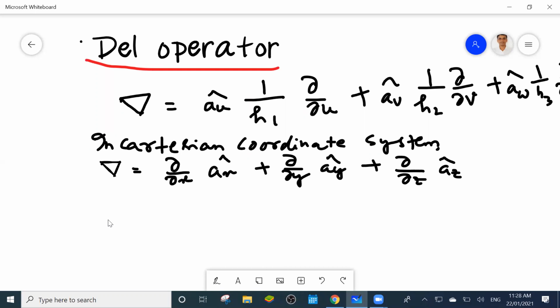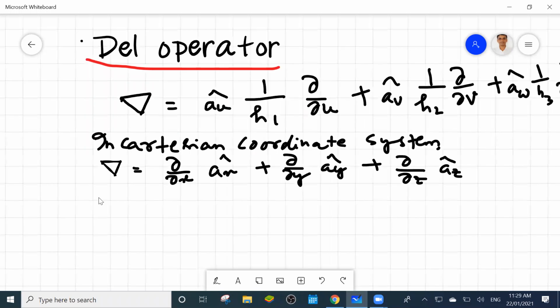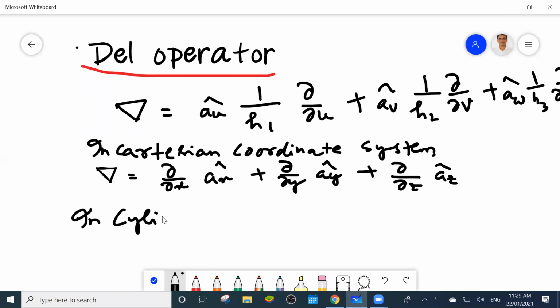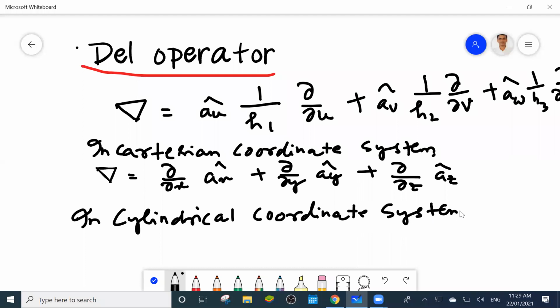Then similarly, you tell what will be in cylindrical coordinate system. I'll give one summary that will be easy to remember. What is the del value?